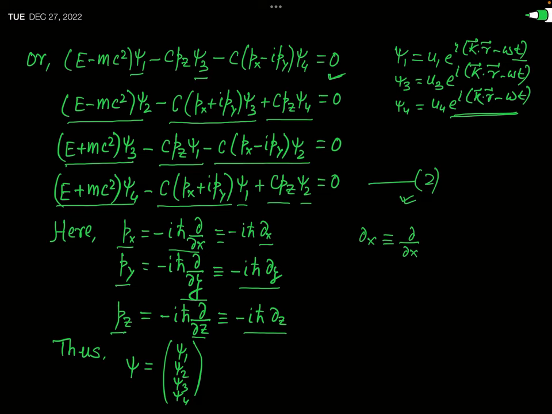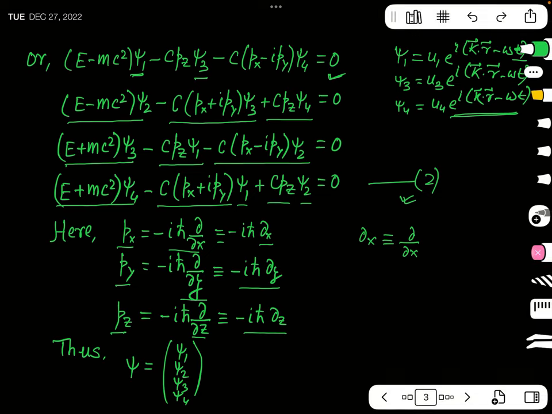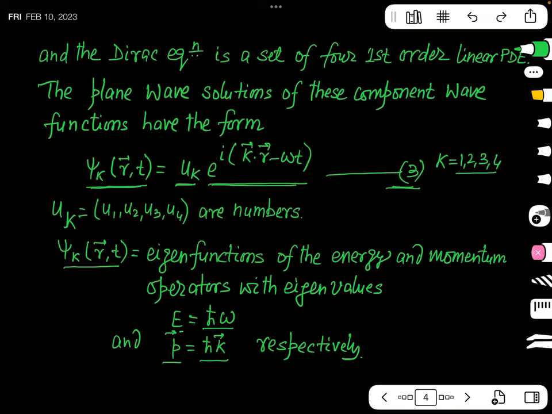The result will be: at the place of psi 1 there will be u1, at the place of psi 2 there will be u2, at the place of psi 3 there will be u3, and at the place of psi 4 there will be u4. So replacing psi 1, psi 2, psi 3, psi 4 by u1, u2, u3, u4 in equation 2, our equation will now become like this.